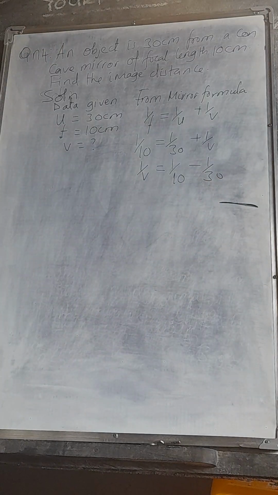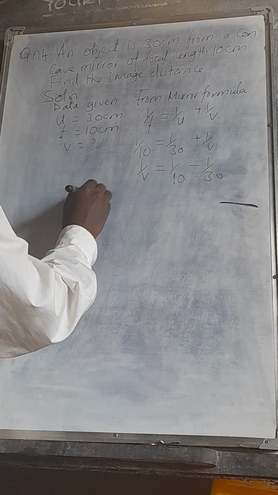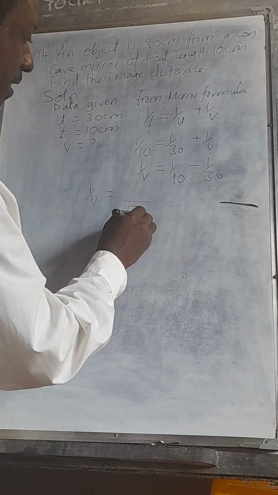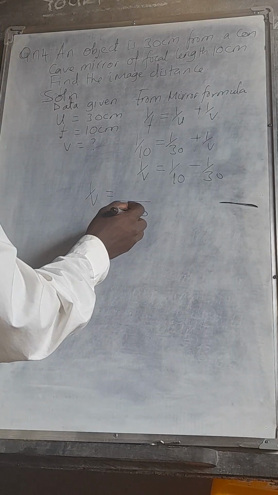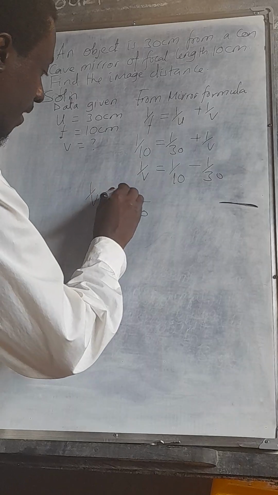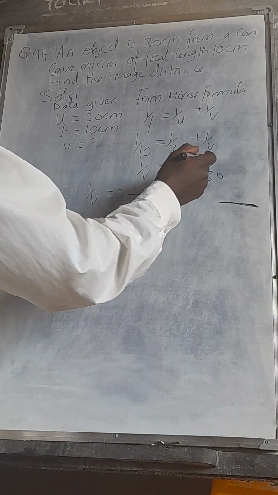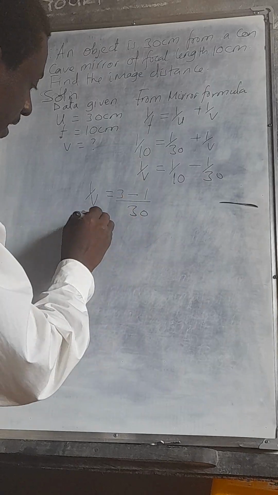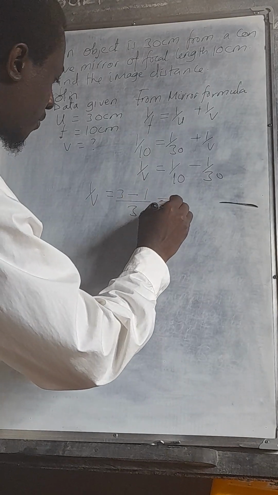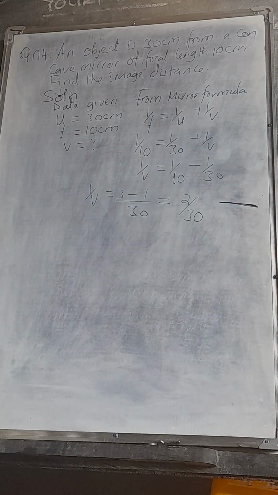Now we find the LCM, which is 30. 30 divided by 10 gives 3, and 3 times 1 is 3, minus 30 divided by 30 gives 1, and 1 times 1 is 1. So it will be 2 over 30.